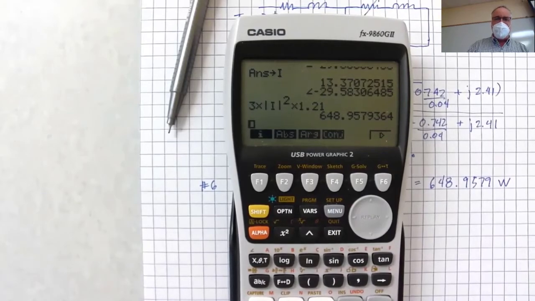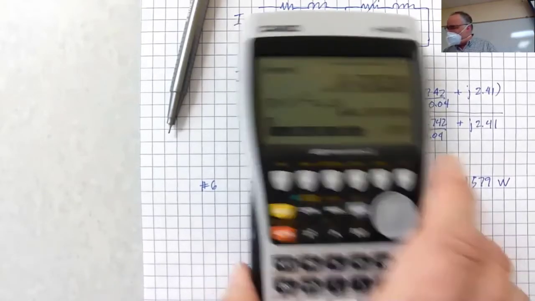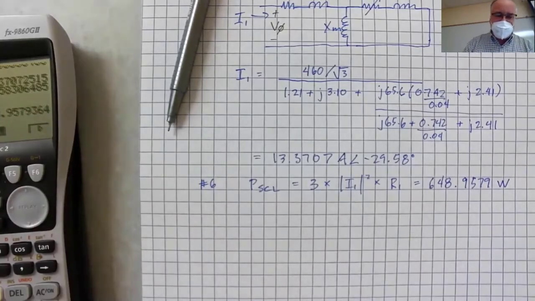Okay, so again, now let's try it with just 5 significant digits. So 5 significant digits would be 6, 4, 8, 9, 6.